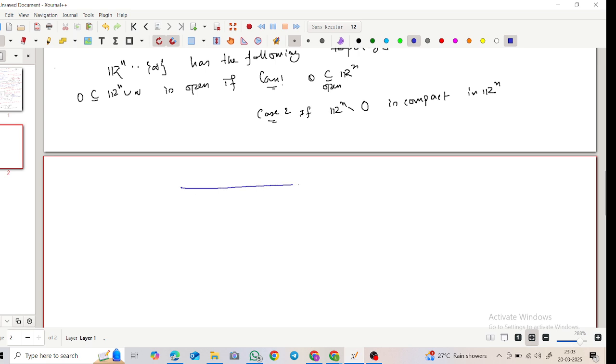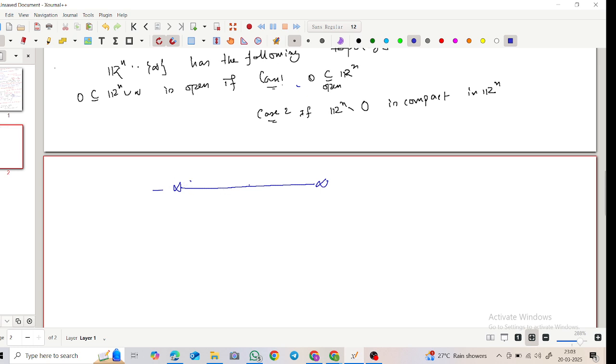Suppose you have R, and the infinity is here. So case 1 is obvious, right? If it is open in R, then it is open in R union infinity. Now what should be your open sets containing infinity?